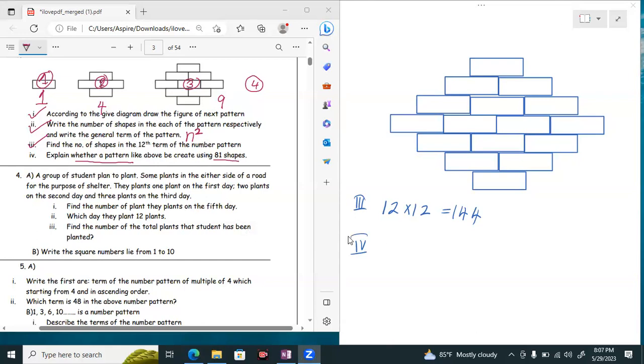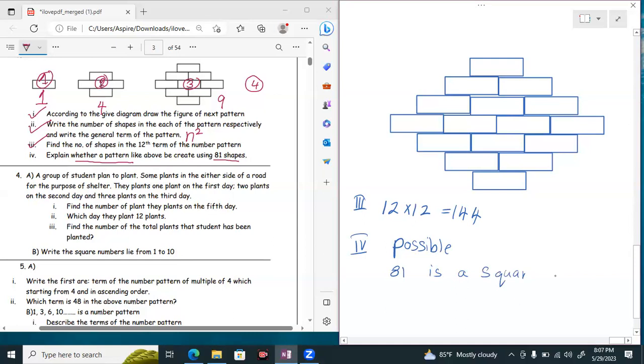Then, okay, it is possible, no? For the fourth one, it is possible. We can write possible, or we can use any answer. It's because 81 is a square number. Or you can say yes, because 81 is a term of the square number pattern.